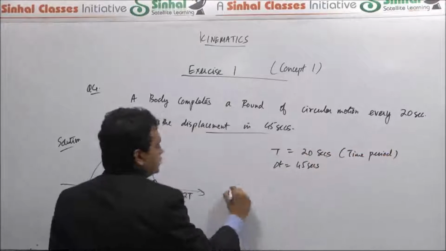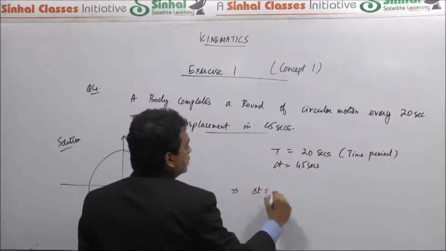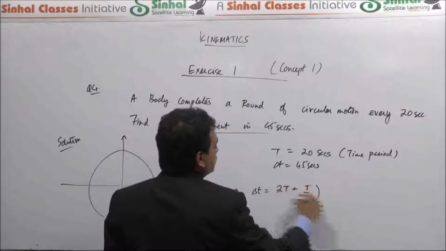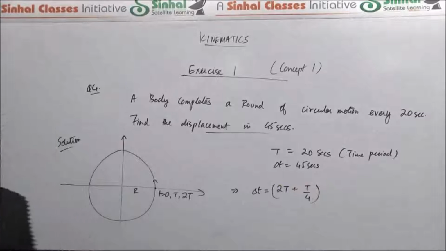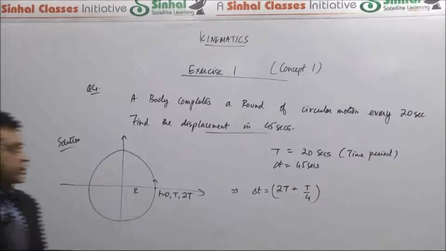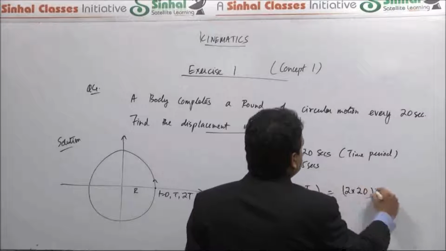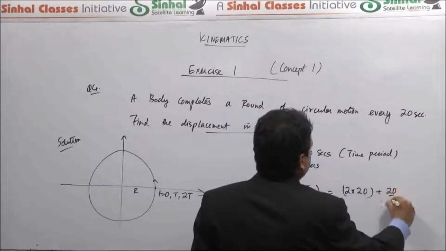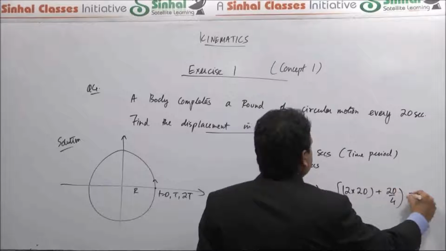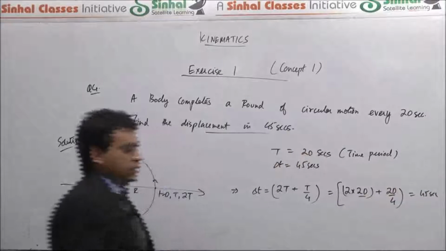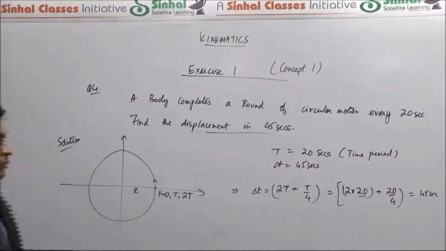So comparing these two, we can see that delta t is equal to 2T plus T by 4. We can see that 45 can be written as 2 into 20 plus 20 by 4. That's 5 seconds. So this is one time period. That's the way it is.